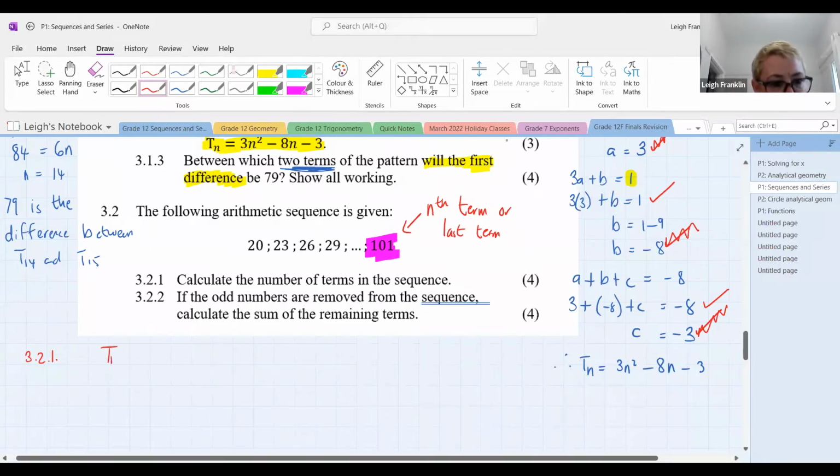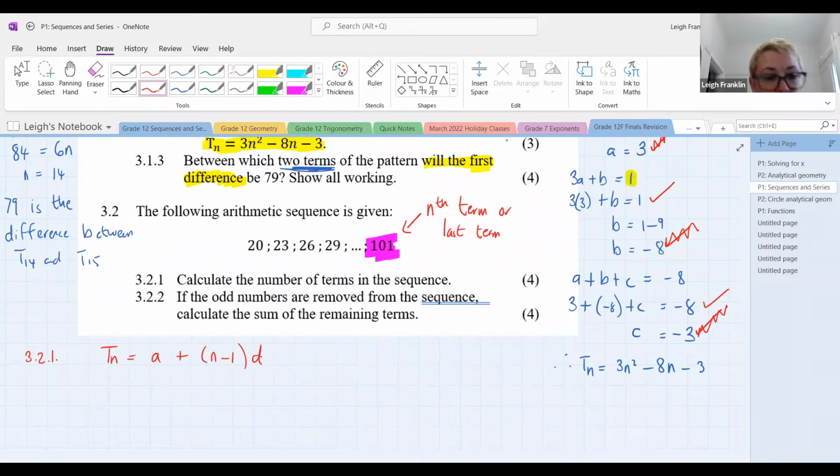That is Tn equals a plus n minus 1 d, and that's in fact the one we have just used in the previous question. If they're asking us to calculate the number of terms in the sequence, what letter do they want us to calculate? Remember, 101 is our Tn. What letter do they want from us?